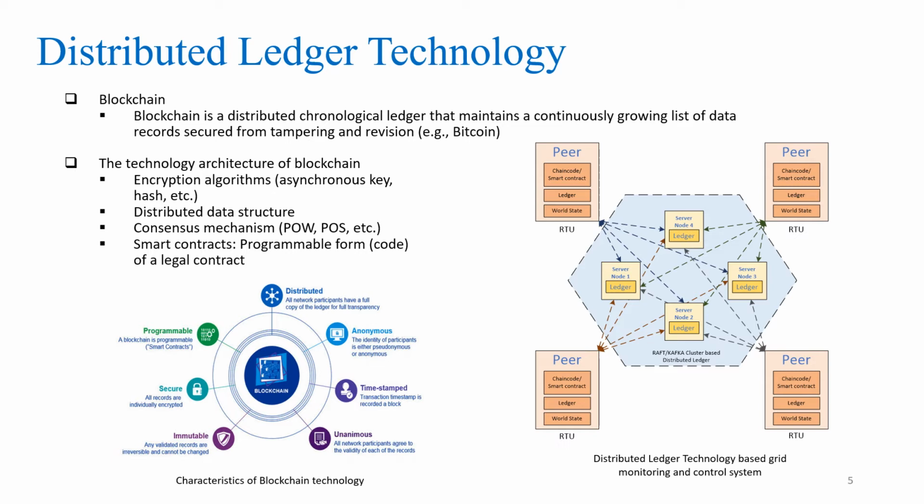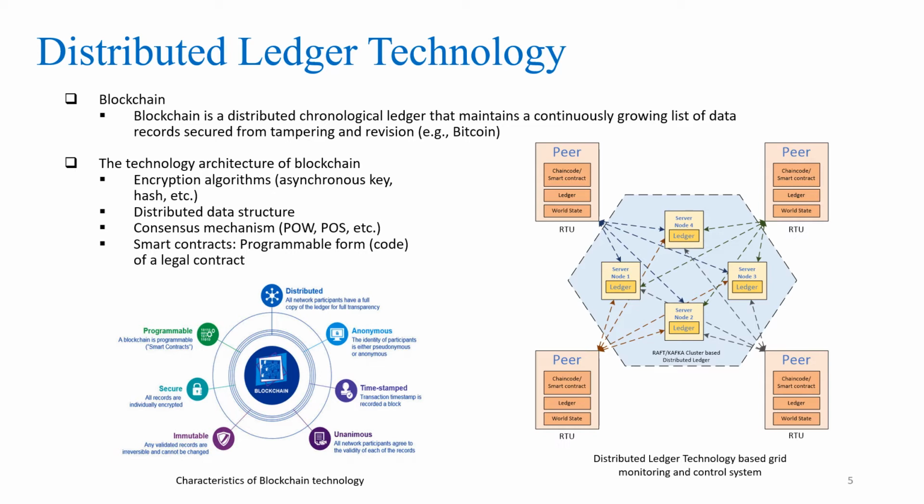On the right hand side of our slide, we shared a summary of this distributed ledger technology based microgrid control system. The remote terminal units can be referred to as peers in this picture. Each of these peers consists of chain code or a smart contract.